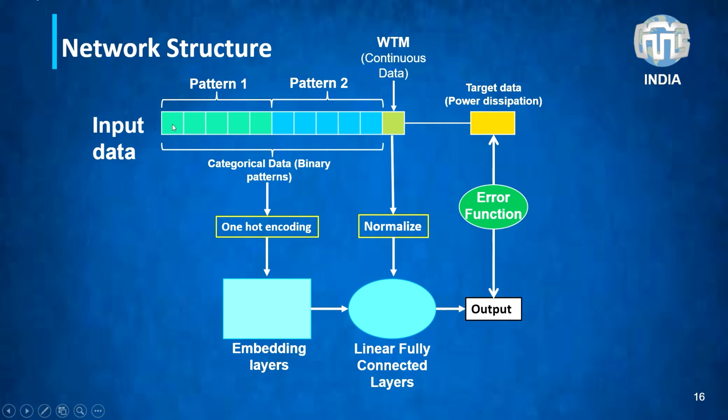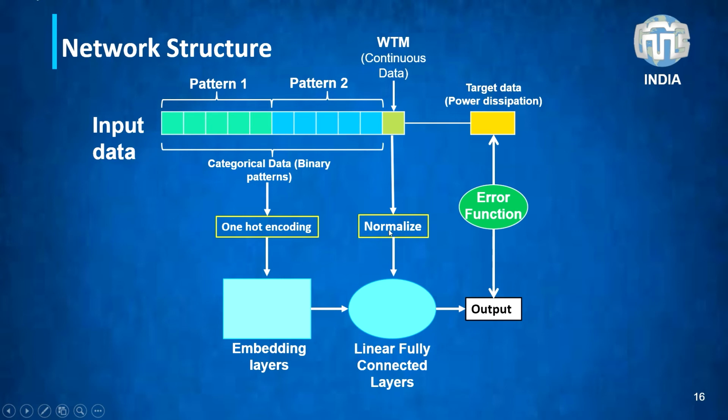So these are two categories, but the WTM value will be continuous in nature. It can have any integer values possible. So for the categorical values we'll do one hot encoding, and for the continuous data we will normalize it, and the one hot encoded values will go into the embedding layer. The output of the embedding layer goes into the linear fully connected layers.